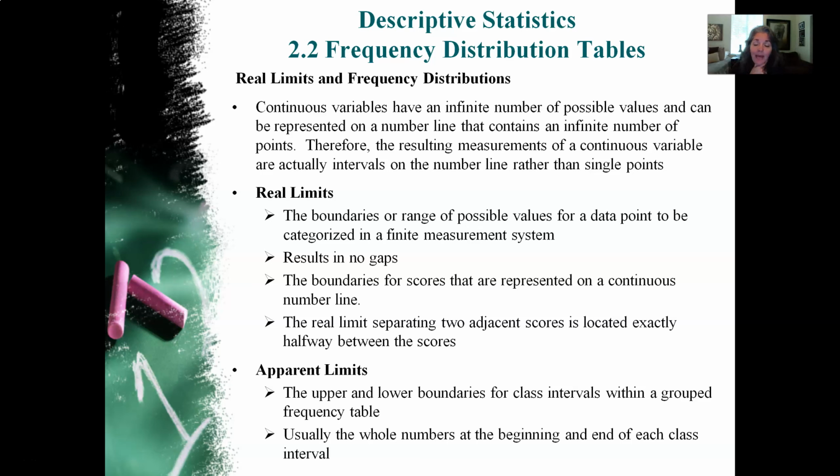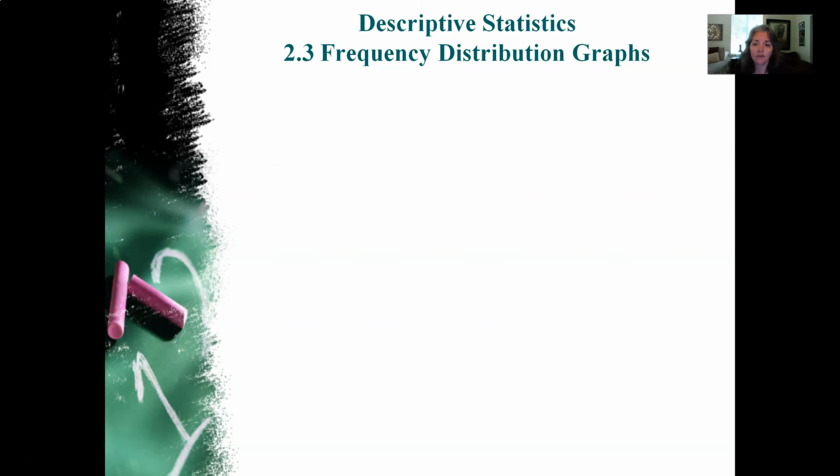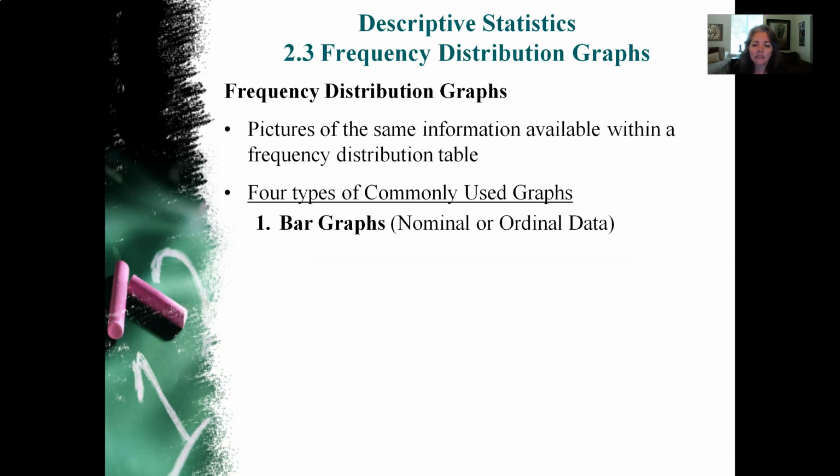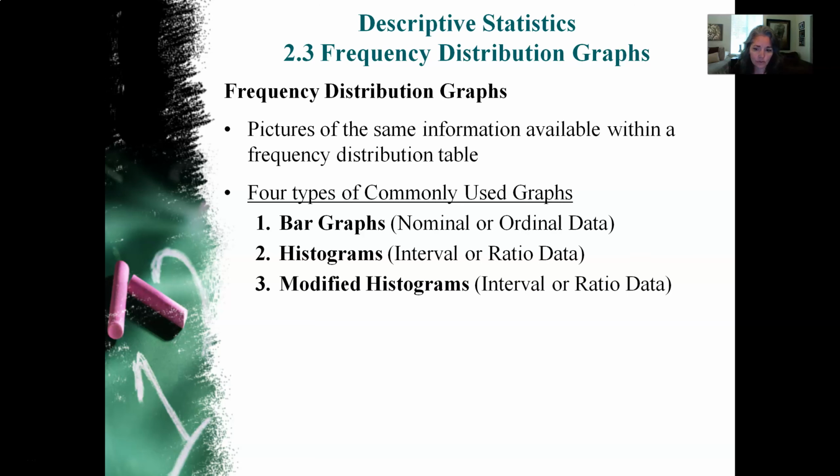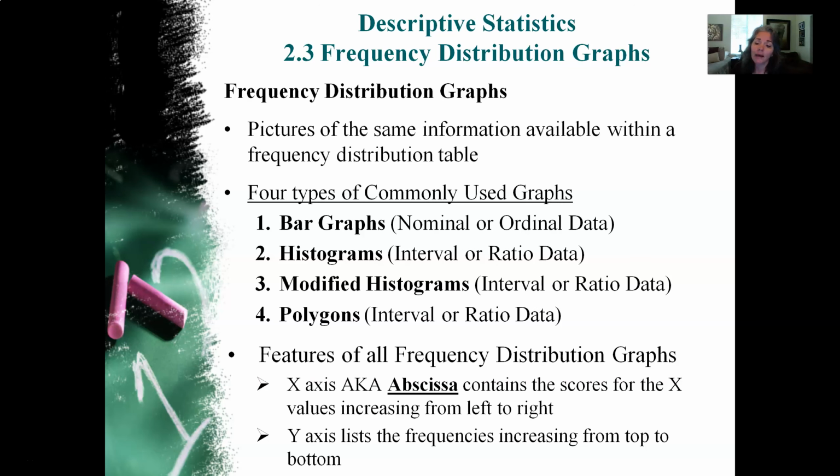Now, apparent limits we use for our group frequencies. We created those class intervals, right? So they are typically whole numbers marking the beginning and the end of any given interval. And when we create frequency distribution graphs, you're going to have 4 different graphs that you commonly see. A bar graph is used for nominal data or ordinal data.